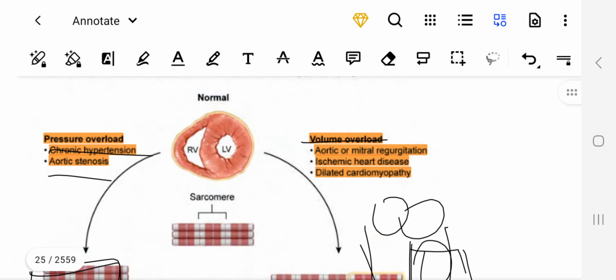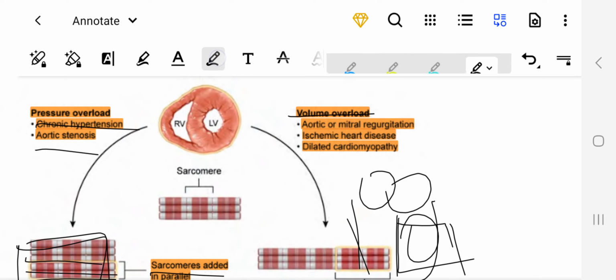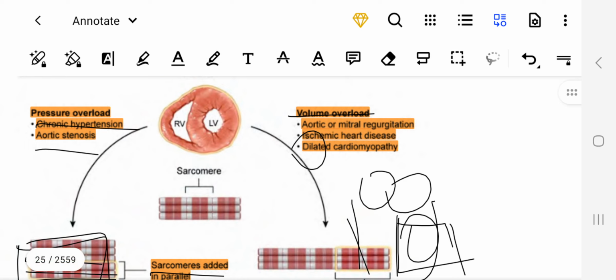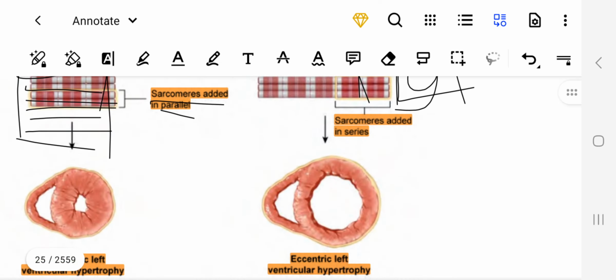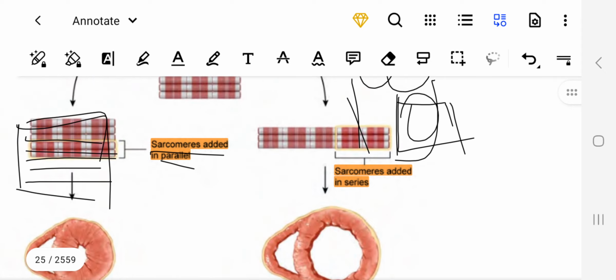So this is important, and that happens in case of regurgitation. The fluid will come back in aortic or mitral regurgitation or ischemic heart disease, and is also associated with dilated cardiomyopathy. From the name, the heart cavity will be dilated. Okay, so that will be added in series fashion, right?